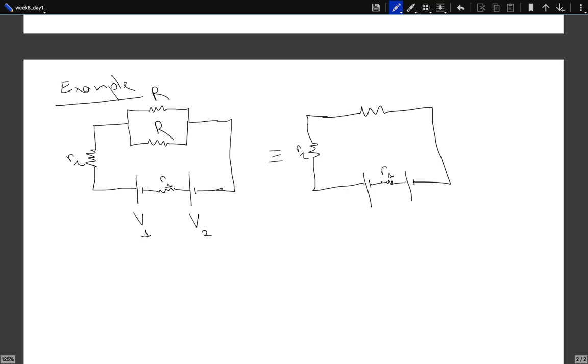What is the equivalent resistance of this resistor? Well, we are just connecting two resistors of the same resistance in parallel, so the total resistance will be just half. 1 over R equivalent would be 1 over R plus 1 over R, 2 over R. So this resistance over here is R over 2.